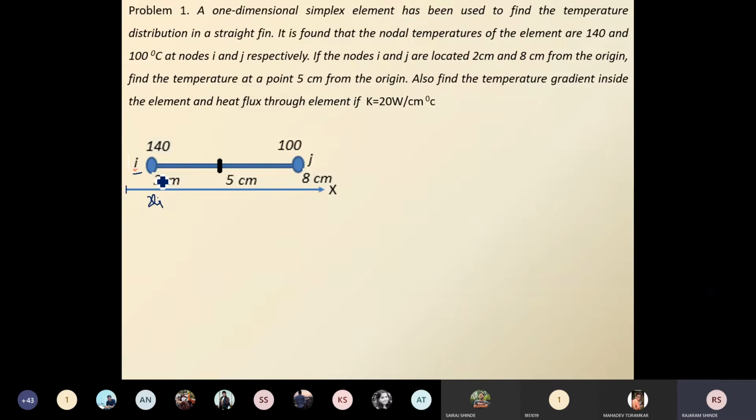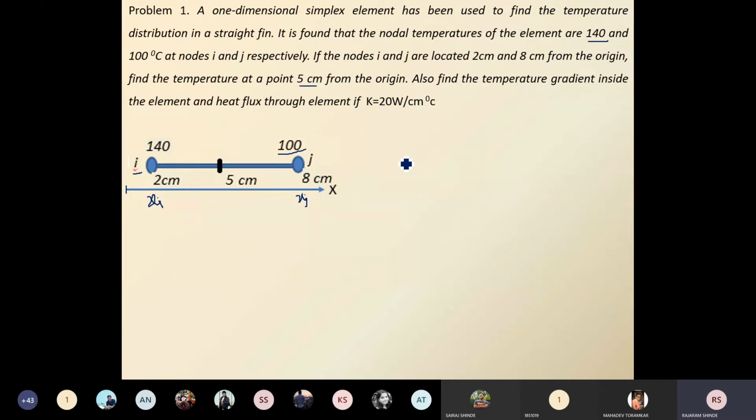Node j is located at 8 centimeter from the origin, so xj is equal to 8. At node i you have temperature 140, at node j you have temperature 100. Do you agree with this? Now you have to calculate the temperature at 5 centimeter.